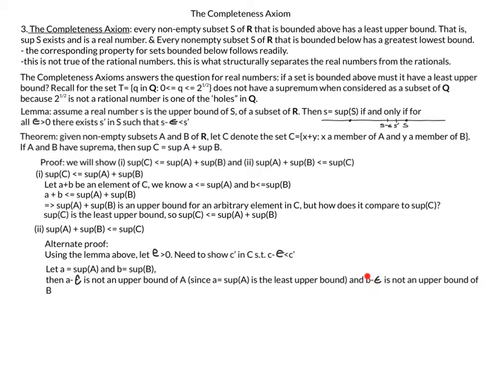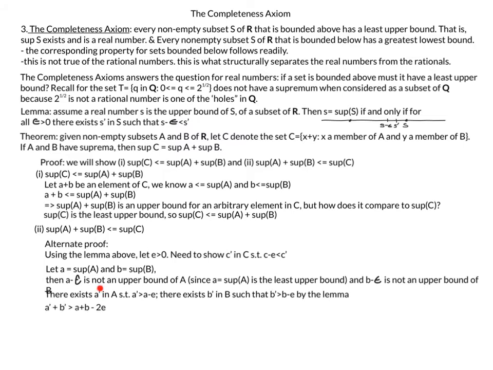Similarly, B minus epsilon cannot be an upper bound of set B, because B is the least upper bound of set B. So there's going to exist an A prime in set A such that A prime is greater than A minus epsilon, and a B prime in B such that B prime is greater than B minus epsilon, by our lemma.